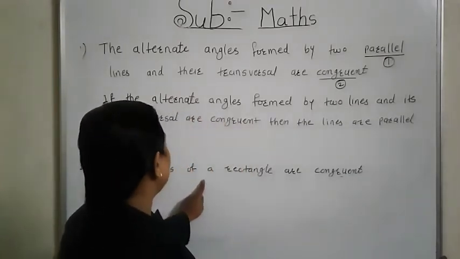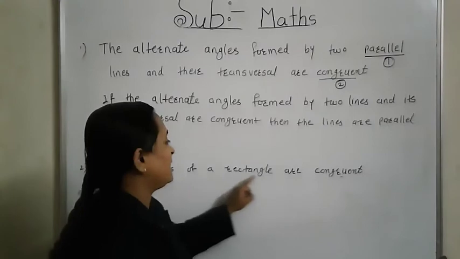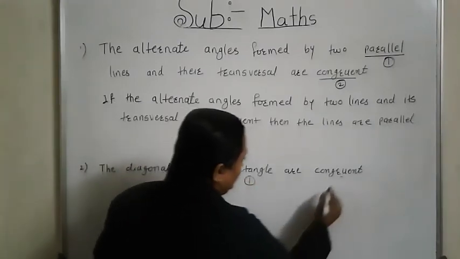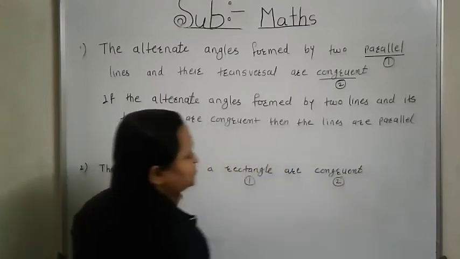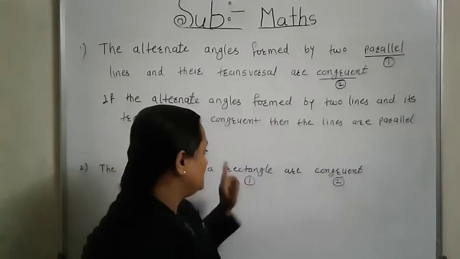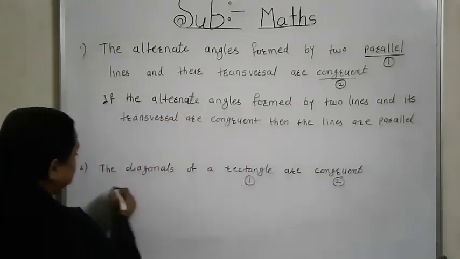Now see, second statement is given there. The diagonals of a rectangle are congruent. Now in this, rectangle is first part and congruent is second part. Now we will write converse. So this part we will write first and this will be the second part.